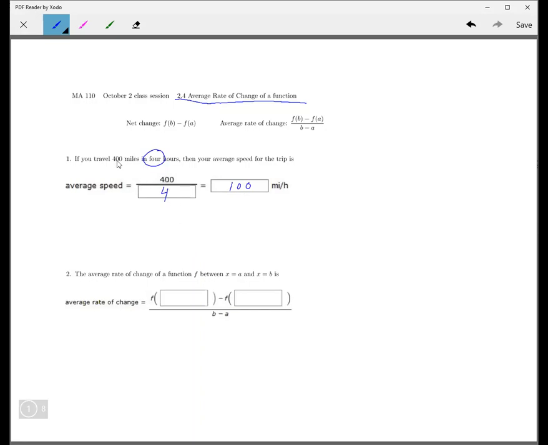In this case, your independent variable is hours, of which there are 4 that went by, and your dependent variable is the number of miles that you travel, which is 400.